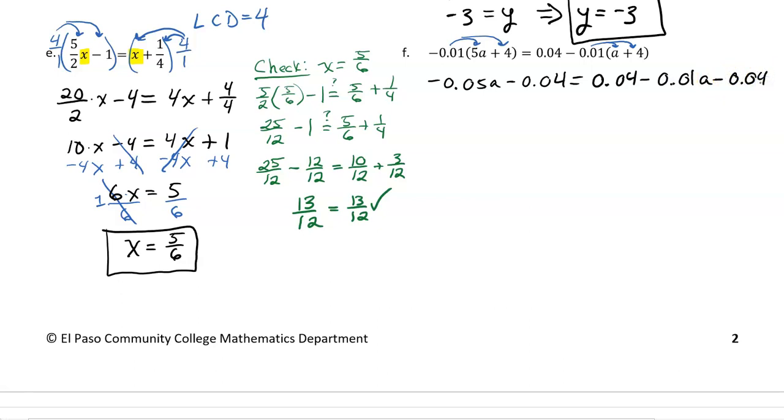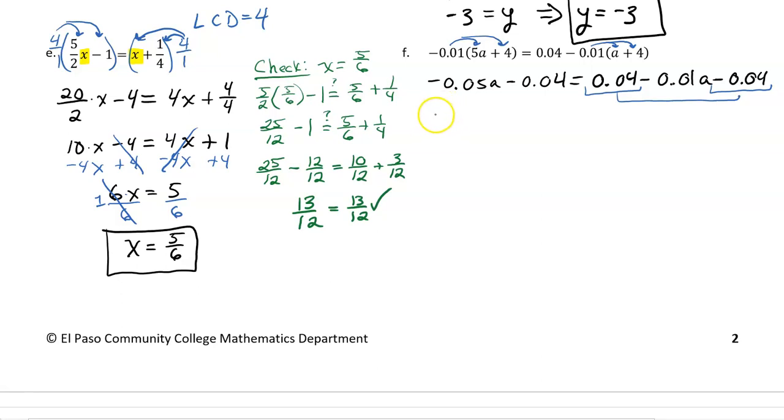Okay, we have a lot of 4's mixing around in here, but let's start to combine like terms. So on the right-hand side, I can combine this 0.04 with the negative 0.04. These two, they're numbers, they're constants, they don't have the variable on it.